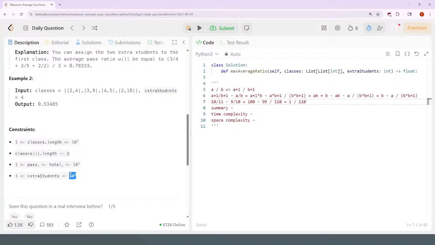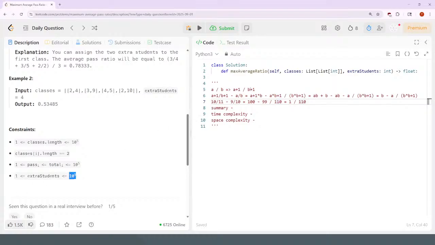Then if you assign to that class, you're getting a bump of less than 1%. Whereas if you had another class that was, let's say, 5 out of 10, even though it had a higher percentage, you still want to assign to that.